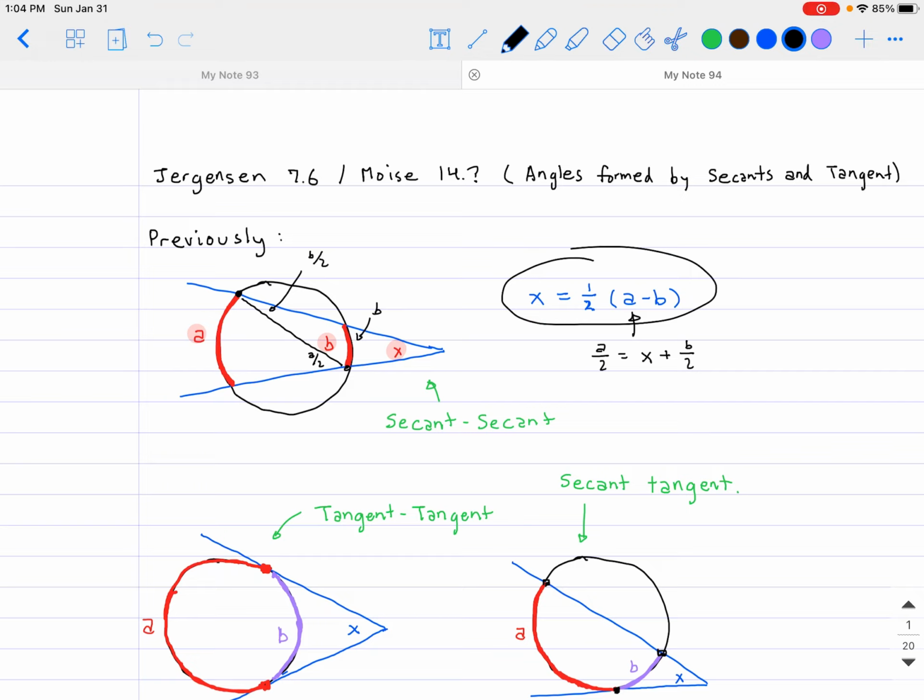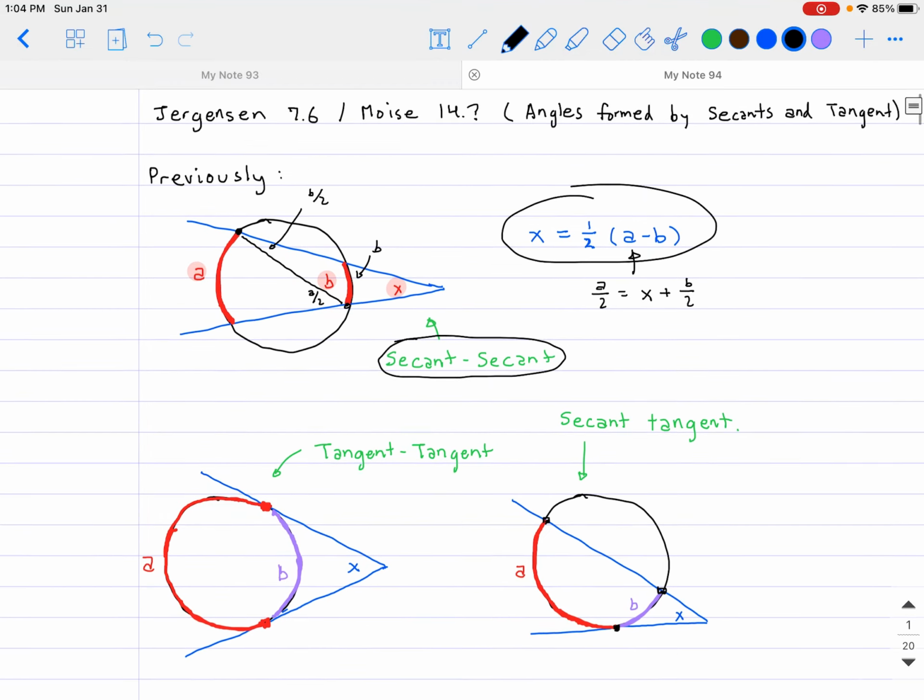So if we have scenarios similar to this, this formula also works. The scenario we looked at previously is what is known as a secant case, because you have two secant lines that form those arcs and the angle.